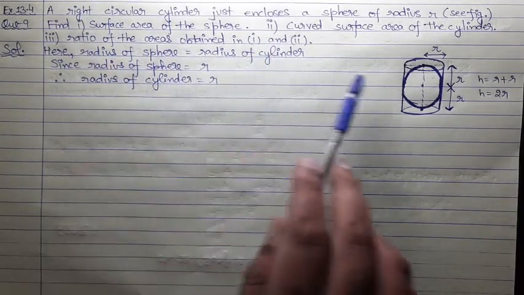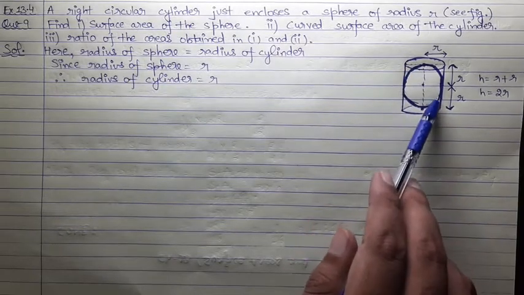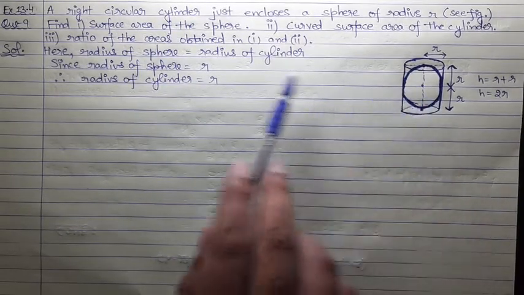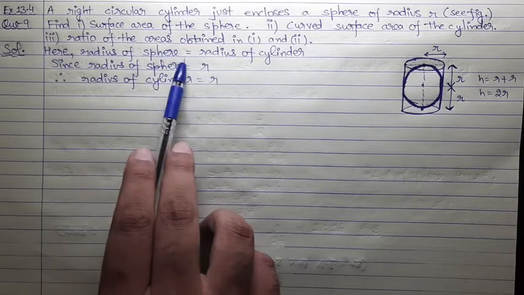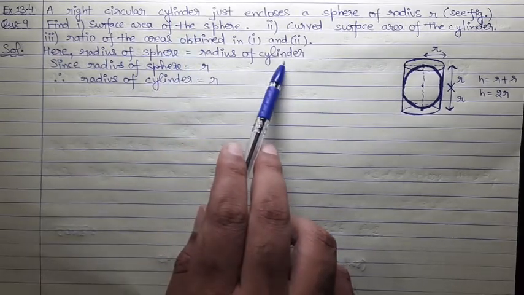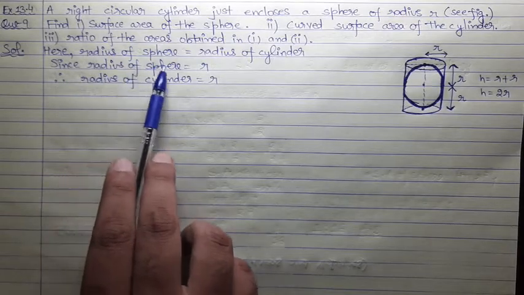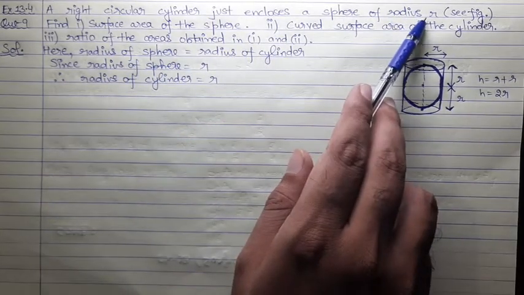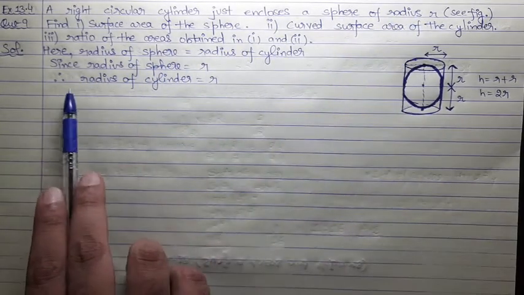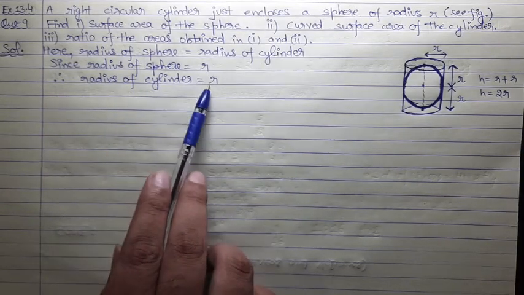Students, look at the figure. From this figure, radius of sphere is equal to radius of cylinder. And since we know that radius of sphere is r, already given in the question, therefore radius of cylinder is also r.